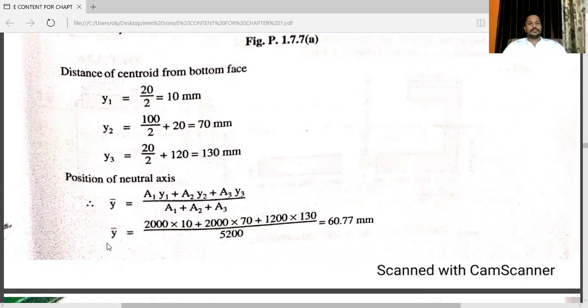So y bar is equal to 2000 into 10 plus 2000 into 70 plus 1200 into 130, upon the summation of all the areas, that is 5200, which is equal to 60.77 mm.